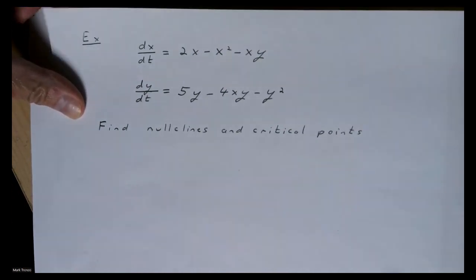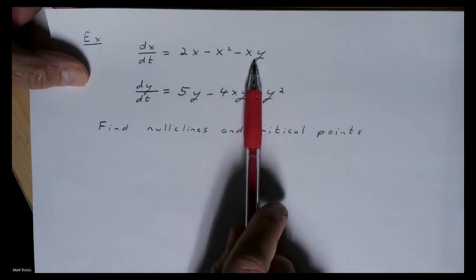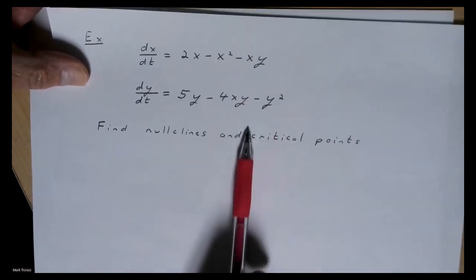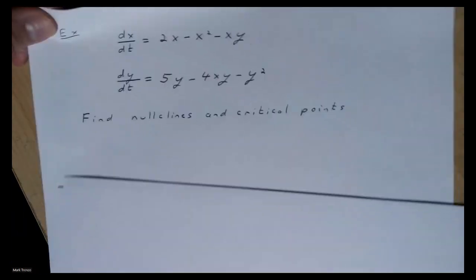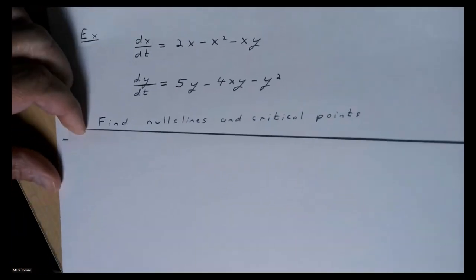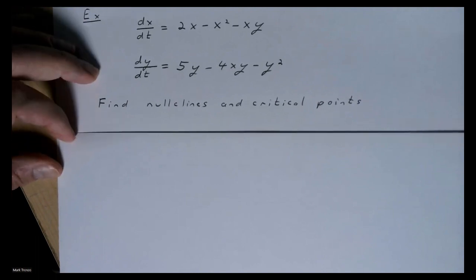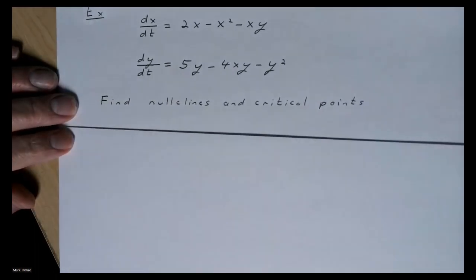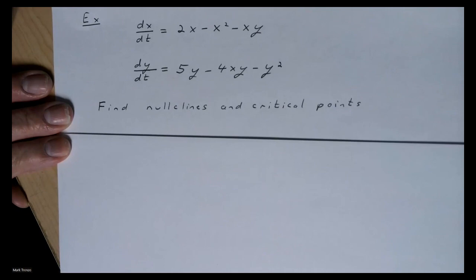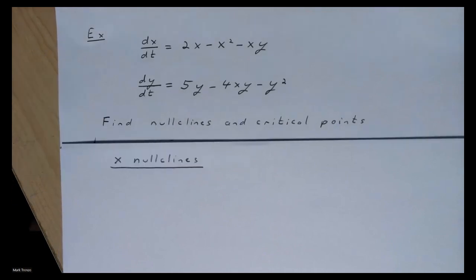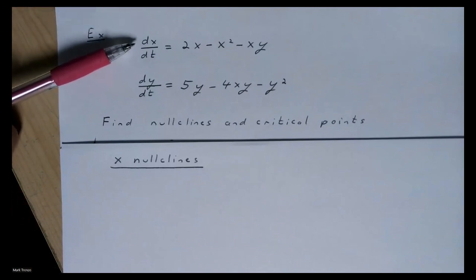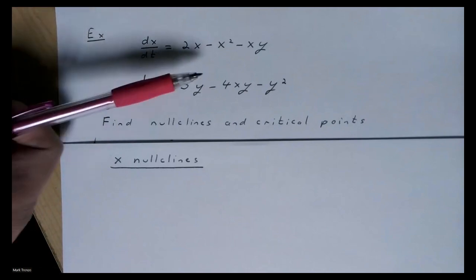The nullclines will be found by setting each of these equations equal to 0. So, for example, here we're going to take the first equation and set it equal to 0. What's called the x nullclines are found by setting the dx/dt equation equal to 0.